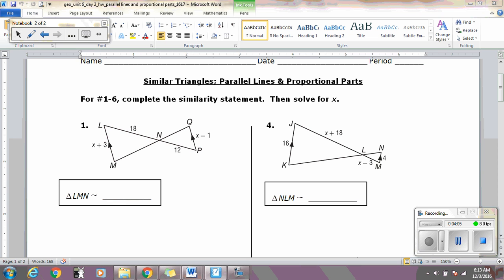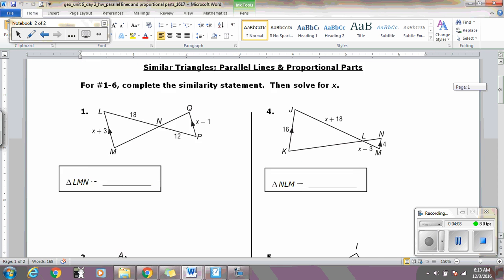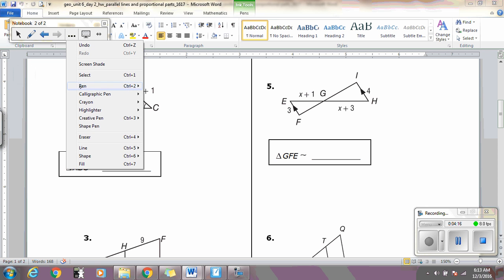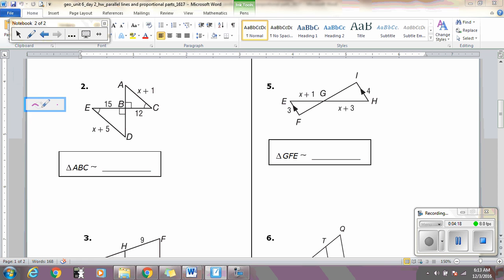All right, let's go to our next odd problem. Number 5. Number 5, again, is a lot like the previous one. So let's first mark up our bow tie angles as congruent.